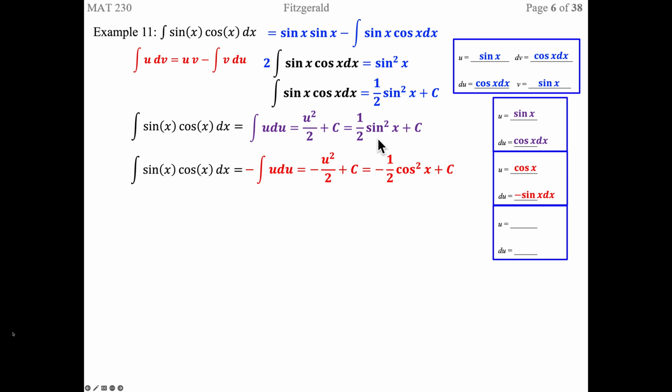I'll show you why these are all considered to be correct. Next, another trick. If you look at your trig identity, sine of x times cosine of x is usually a good indicator that you want to have a double angle identity.